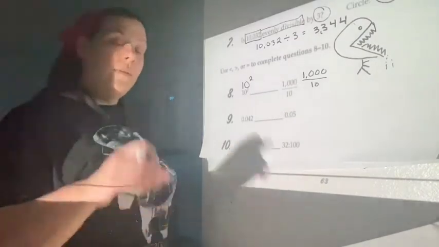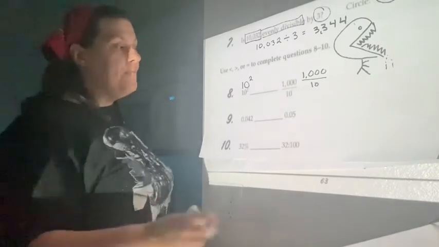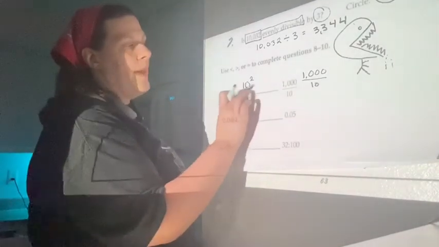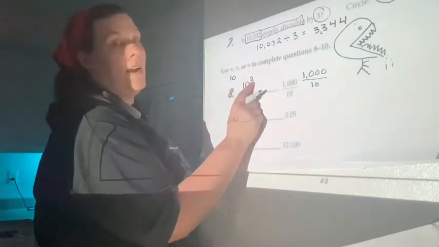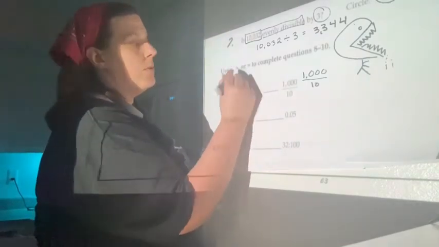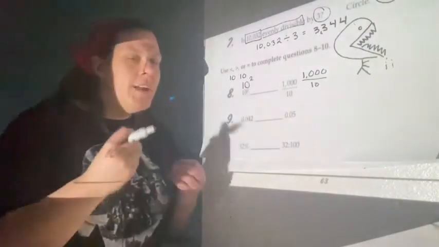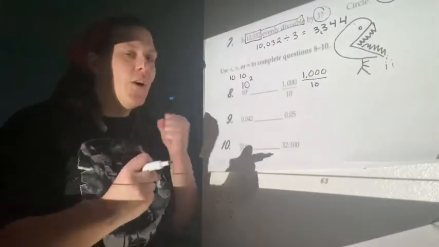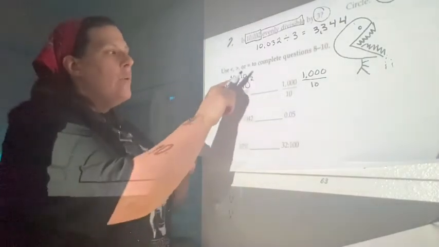For those of you who do not have a square on your calculator, this is your base. All you do is put your base number and then repeat it as many times as the little number up here says. So there's a little 2. I'm going to repeat that 10 twice. Who can remember from last week and from when we were in class, what function do you put there?